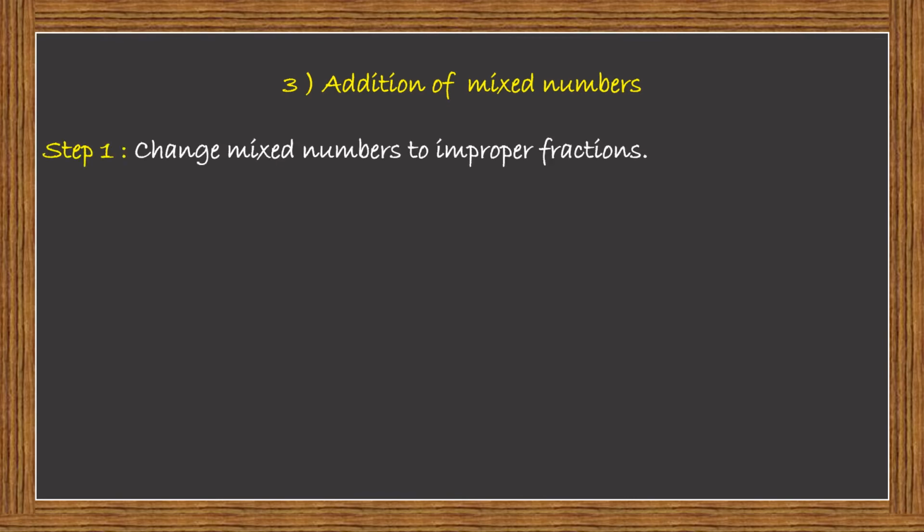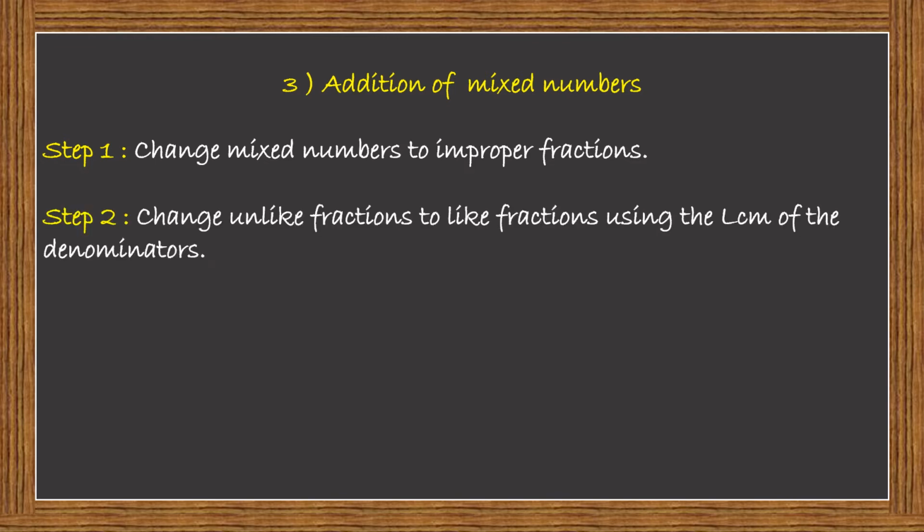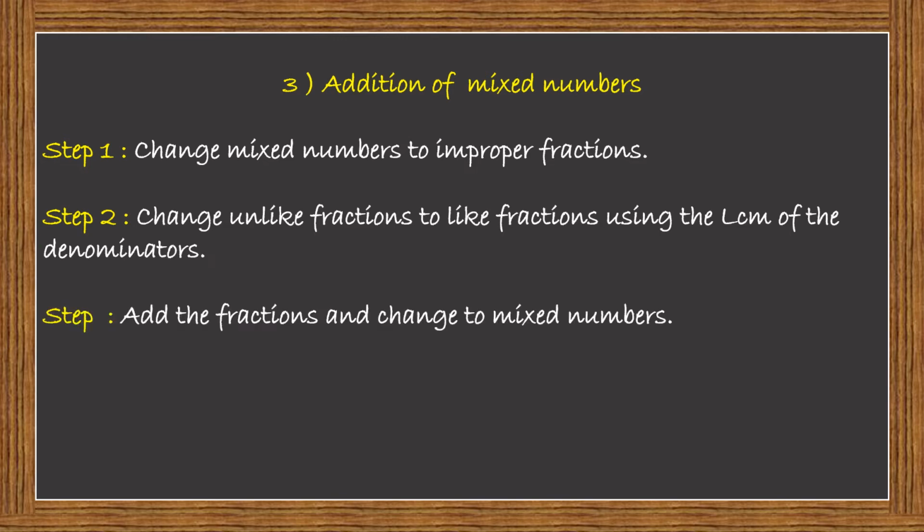Before that, there are 3 steps you have to remember: change the mixed numbers to improper fractions, change unlike fractions to like fractions using the LCM of denominators, and step 3 is add the fractions and change to mixed numbers. Okay, so these are the 3 steps, but before that we are going to see how to change mixed numbers to improper fractions or improper fractions to mixed numbers. We will see both the cases. So let's do that first.